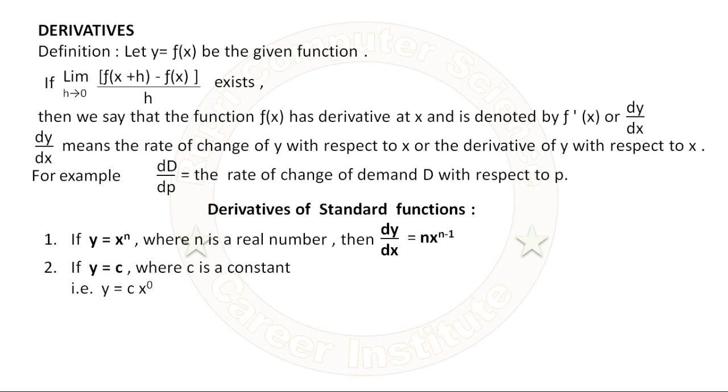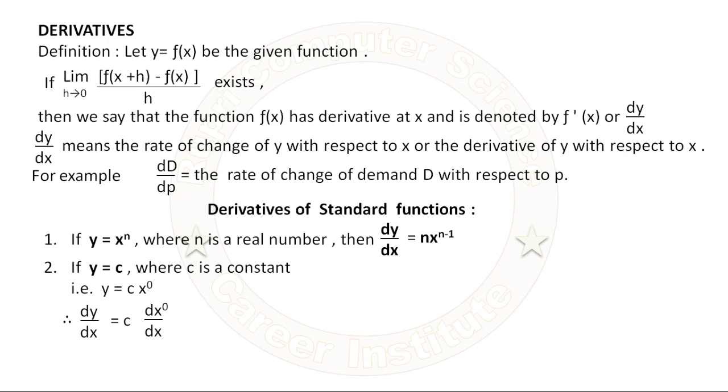Therefore y is equal to c into x raised to 0 means y is equal to c only. Now we use it in our derivatives. dy/dx is equal to c into d/dx of x raised to 0.